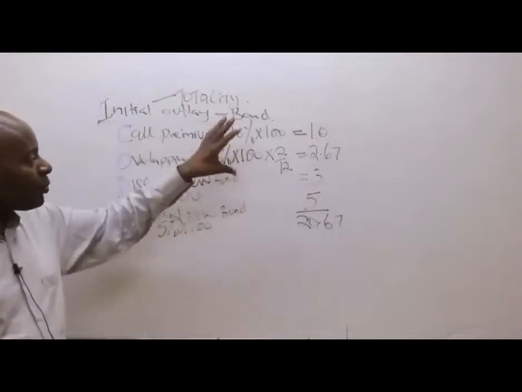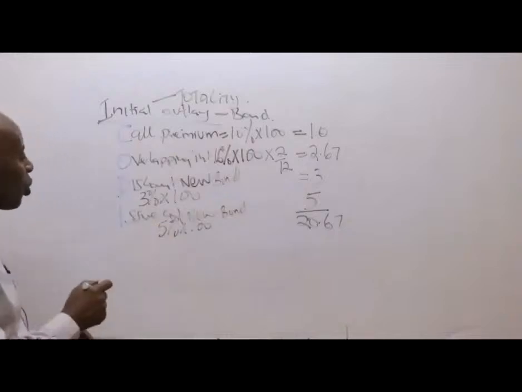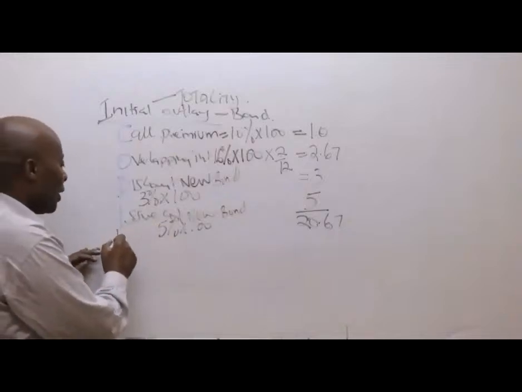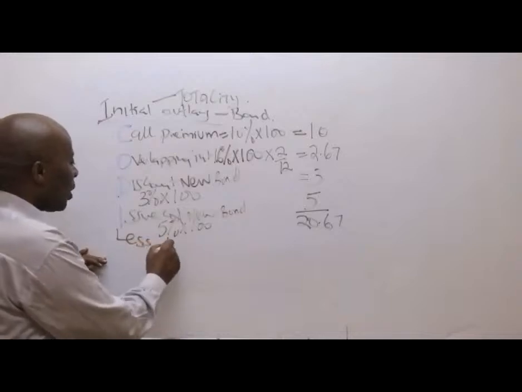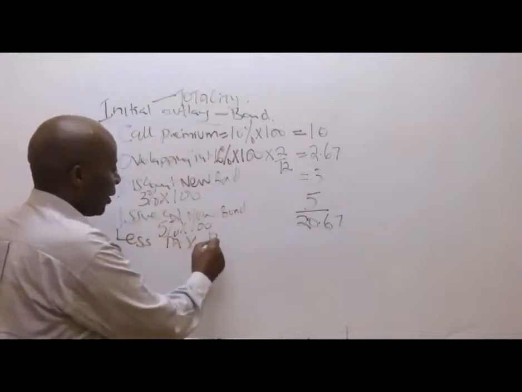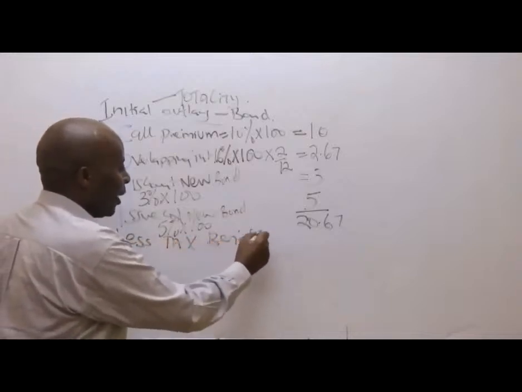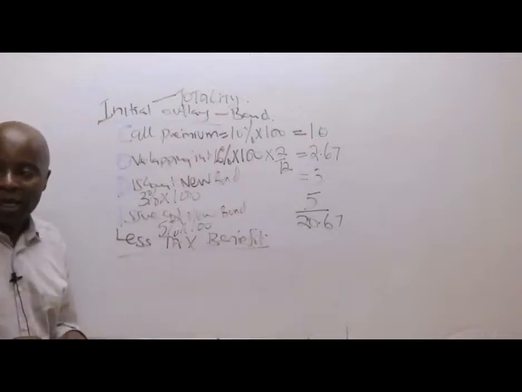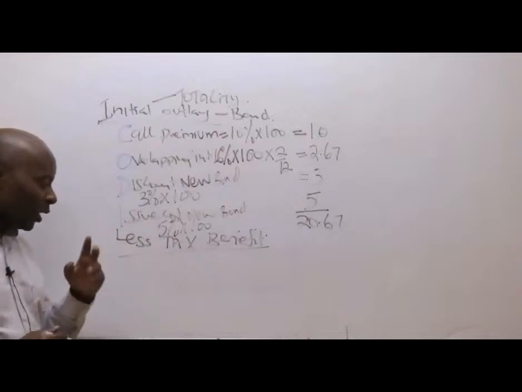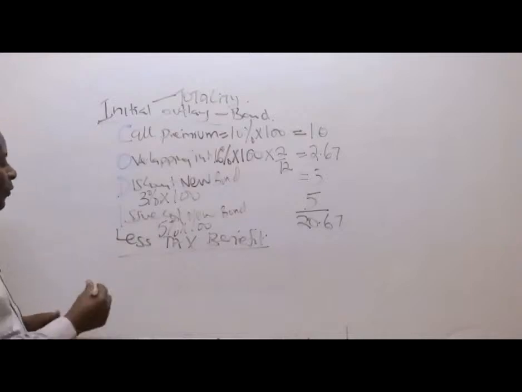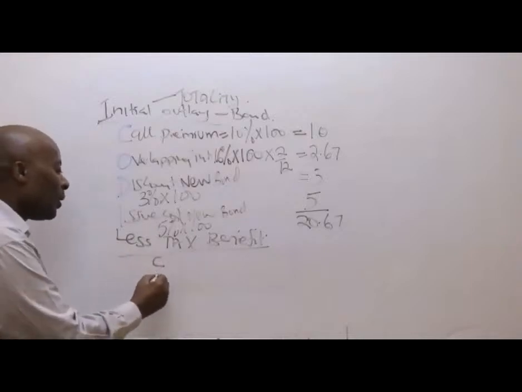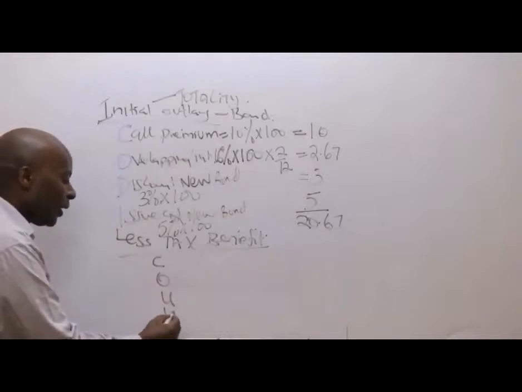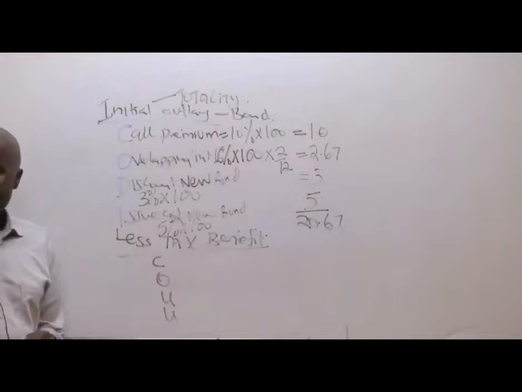Every time you do some small analysis, you must come and talk of what? The tax benefits. So say there, less tax benefit. As I look for a better marker pen, for the tax benefit we normally use this acronym, COU.